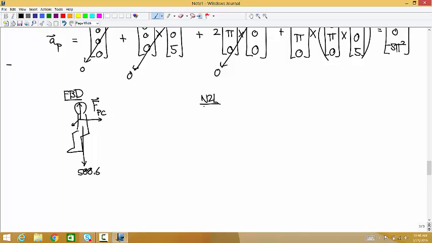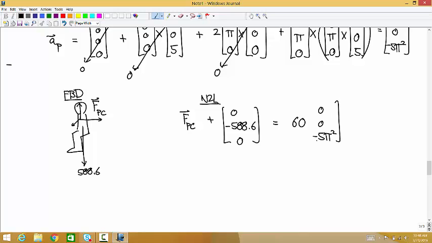And so Newton's second law looks just like it did before. We have FPC plus 0, negative 588.6, 0. Those are the only forces. And those are equal to the mass times the acceleration vector. So FPC is equal to 0, 588.6, negative 2960 newtons.